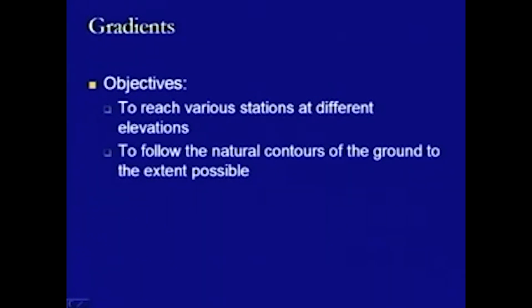If we go along with the natural contours, they provide the flexibility of traversing the contours so as to attain the height, as already shown and discussed. So, they try to follow the natural contours of the ground to the extent possible, and in this form they negotiate the elevations.